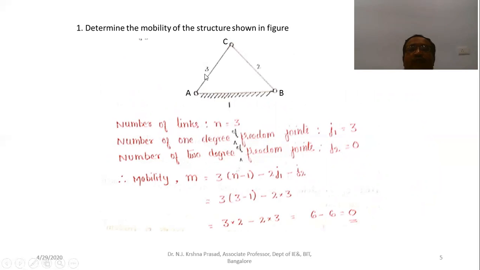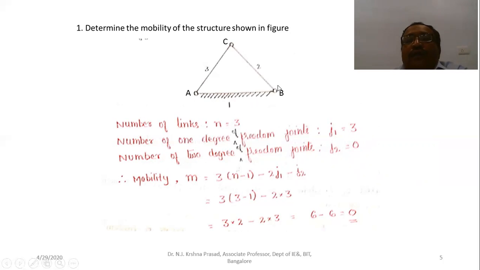And at point A, 2 links are connected. It is counted as 1. 3 and 2 are connected at point C. It is counted as 1. 2 and 1 are connected at point B. It is counted as 1. So the number of 1 degree of freedom joints for this structure is 3.